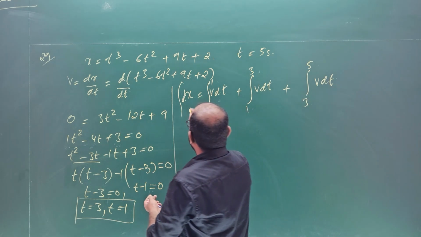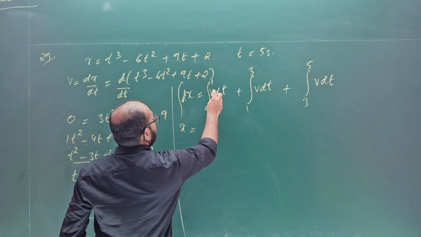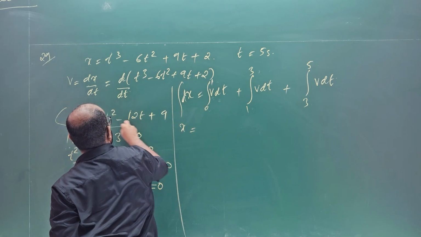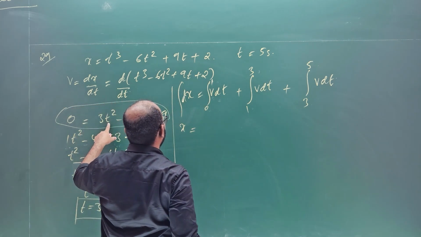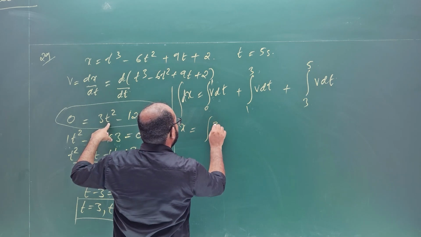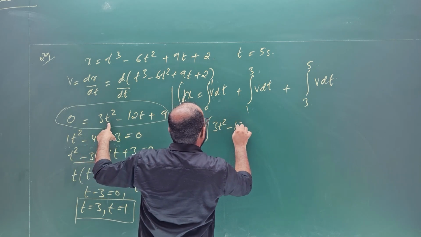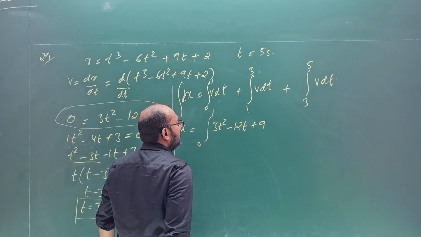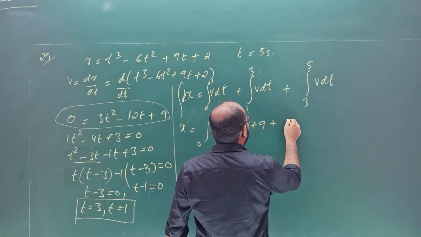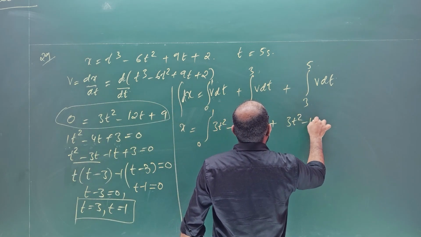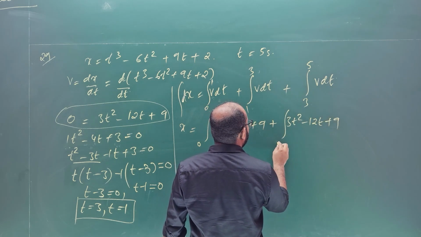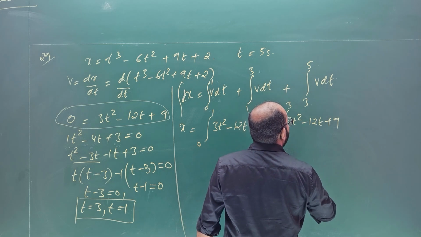Now, x is equals to integral of v. What is the value of v? Here is the value of v. So, integrating 3t square minus 12t plus 9 from 0 to 1, plus 3t square minus 12t plus 9, this is also integrated from 1 to 3.